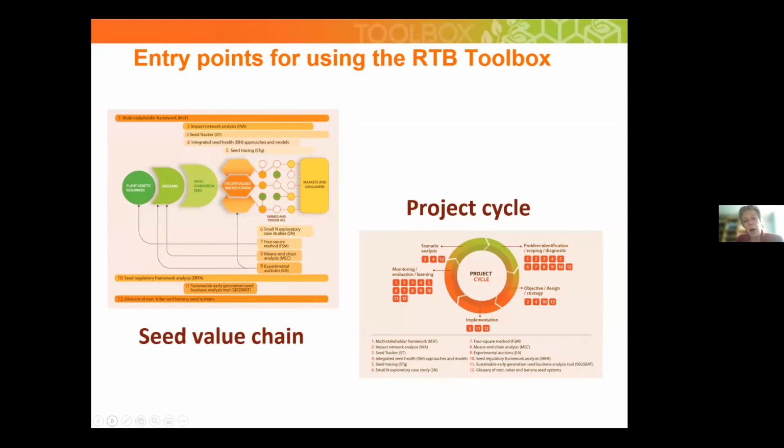But if you are a project team and you would like to generate a baseline before you start with the program, or you would like to develop your M&E activities and plan, then the project cycle is likely to be more instrumental for you to find out which tools in the RTB toolbox would suit your situation.